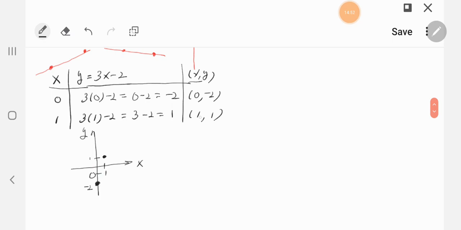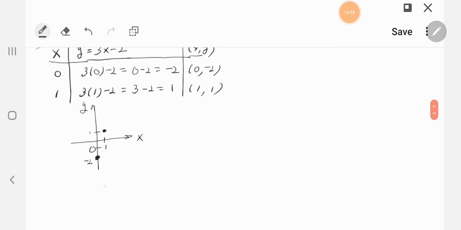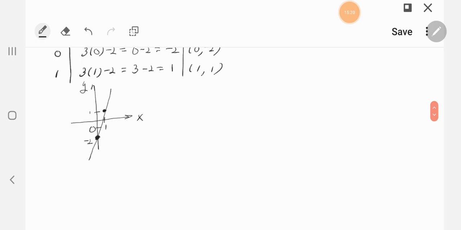And x equals 1, y equals 1 is another point. So the graph is a straight line containing these 2 points. We can draw it like this, starting from here and going in the other direction. So this is the graph. Make sense?